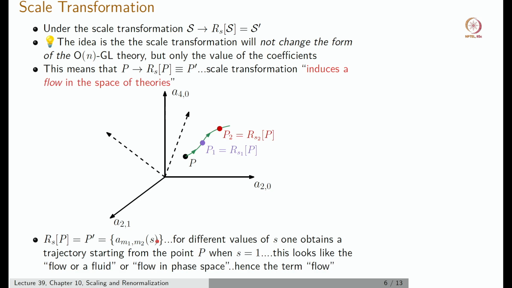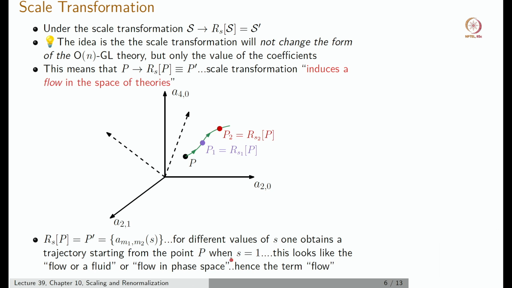Okay, so this is the idea. If you start with the point P, and P can be any point in this space, you will generate different trajectories, and that is why we call this a flow.